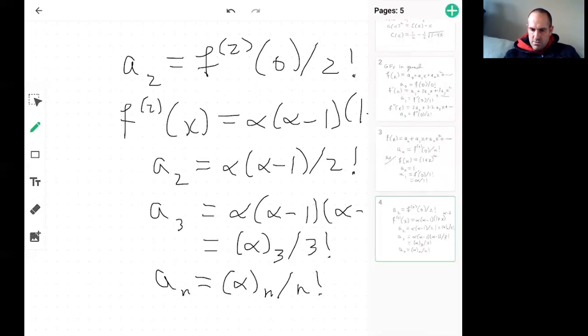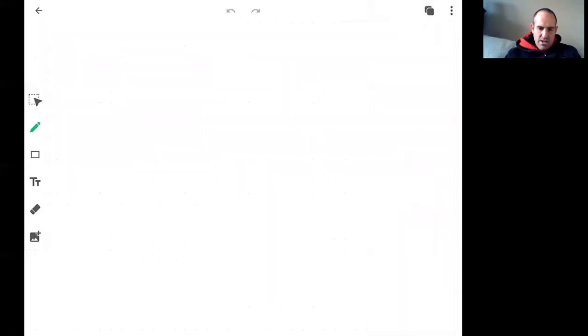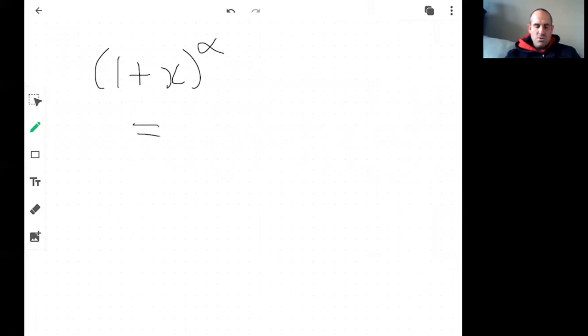Well, let's get another page here. So if f of x, so what that means is that (1 plus x) raised to the alpha is equal to what?